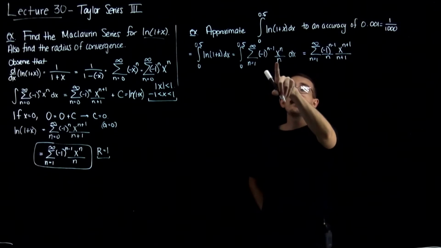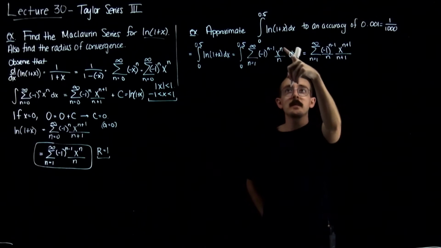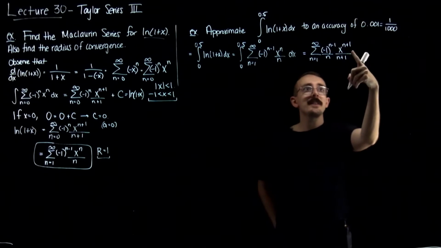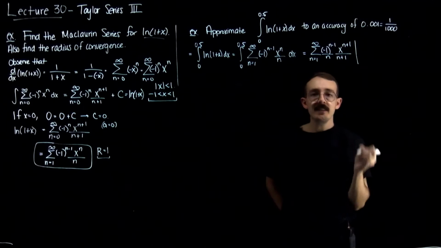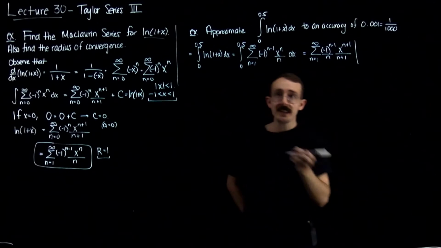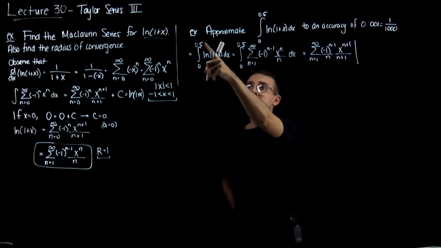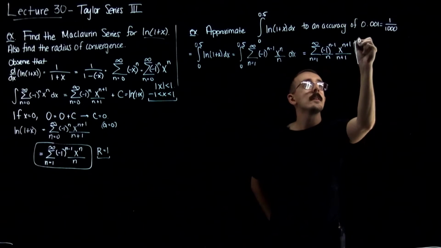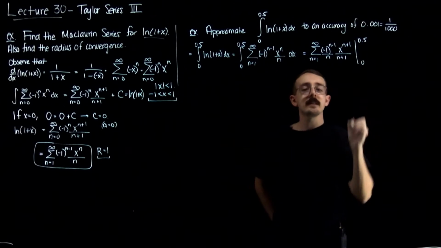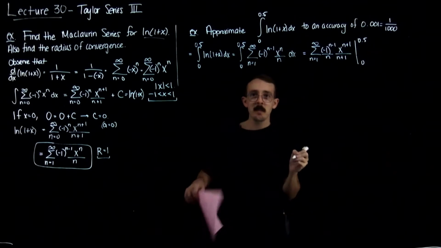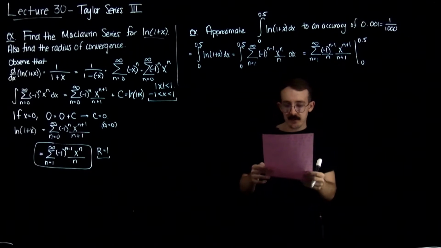That was me using the power rule in reverse. And we have a definite integral this time, so I don't need plus c. I just need to evaluate this from 0 to 0.5. So that's where we are so far.